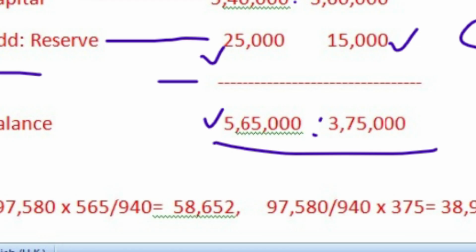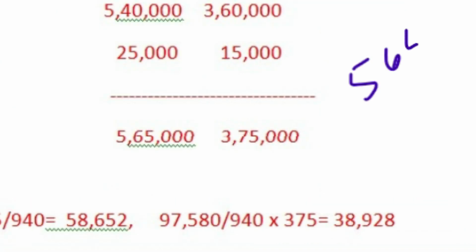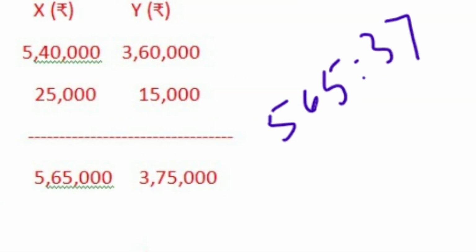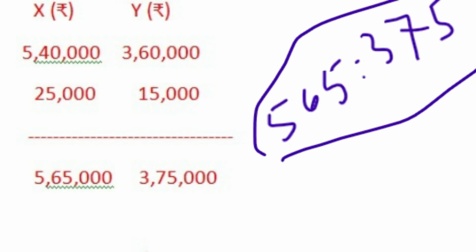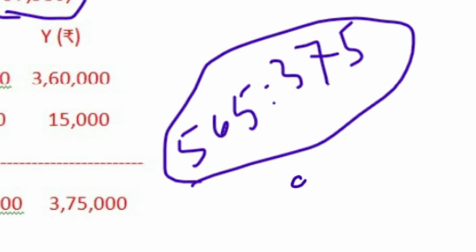If you reduce these values and calculate the ratio, it will be 565 is to 375. In this ratio the loss amount shall be distributed. Here the 97,580. The total of these two values is 940.